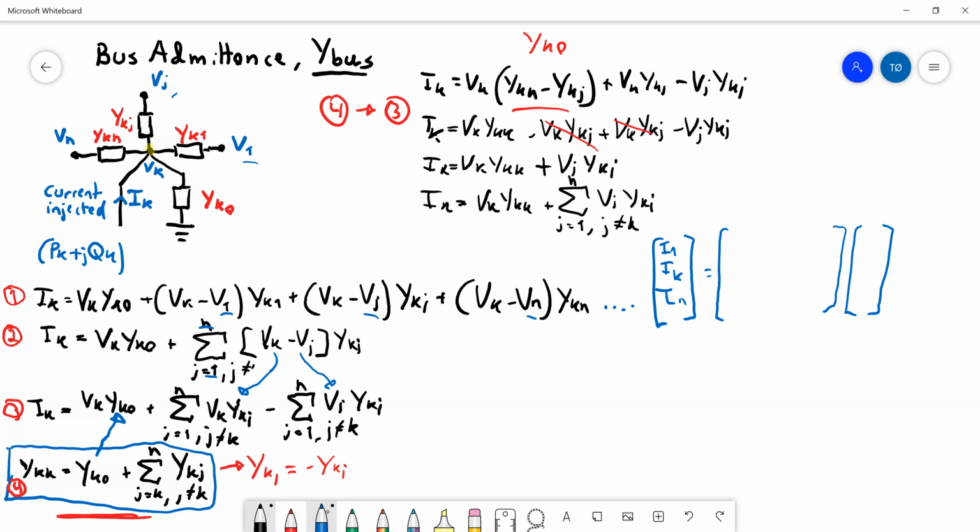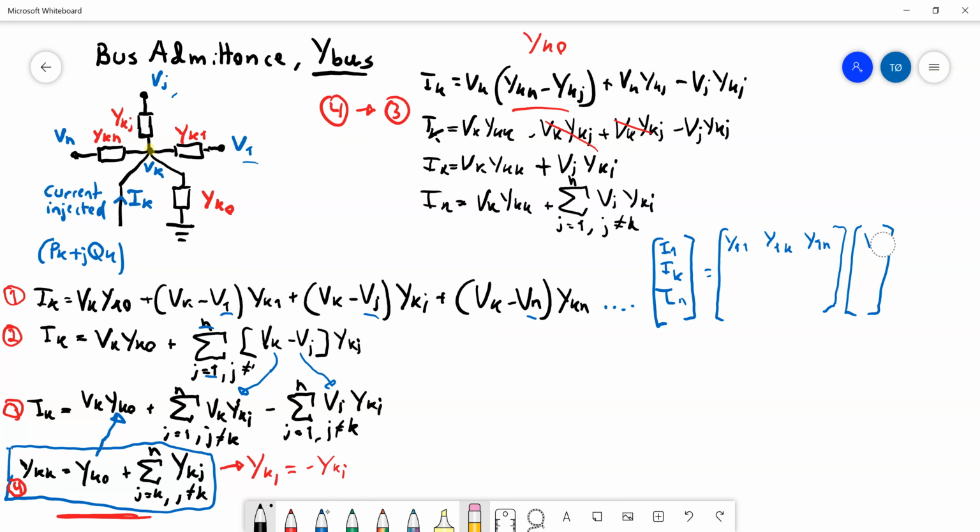Then we have Y11, Y1K, Y1N, which gives the voltage V1.